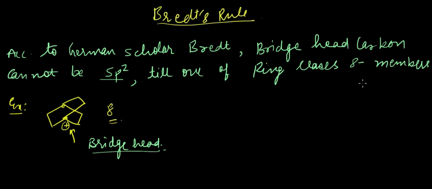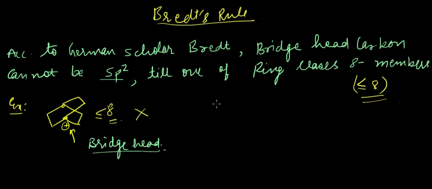By this I mean less than or equal to 8 members, Bredt's rule applies on all the carbon rings having fused rings with bridgehead carbons or bicyclo compounds. In this case there are less than or equal to 8 carbon atoms, and this carbon exhibits sp2 hybridization, and it is the bridgehead carbon also. So this violates Bredt's rule.